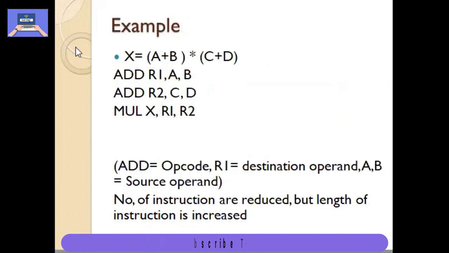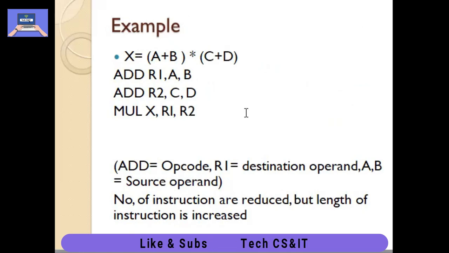Now, in the example, we are supposed to perform an addition and a multiplication operation: we have to store the value of the addition a plus b, which will be multiplied by c plus d, into x. So we can use two registers. This is again in assembly language code. We use add as the instruction, and add is basically the operation, and R1 is a register.